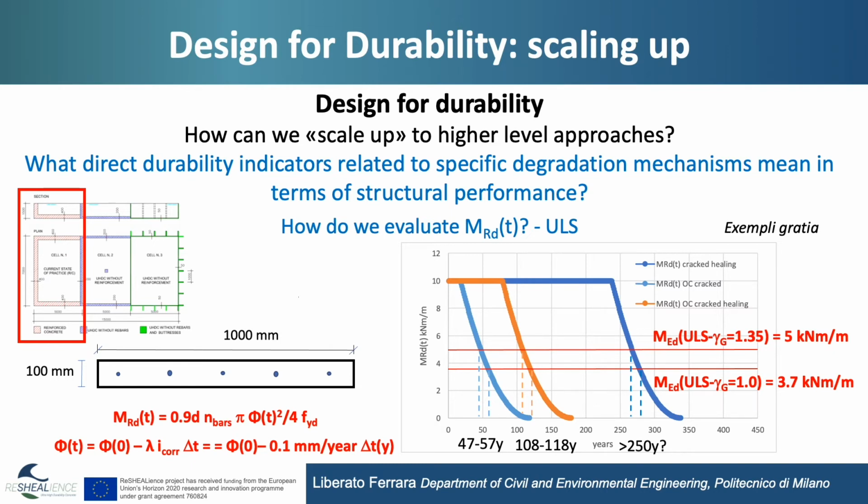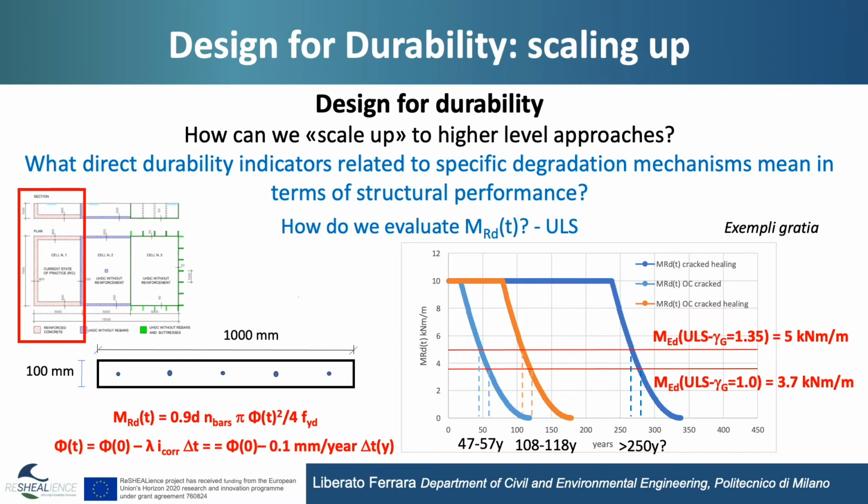So depending whether we are considering a gamma G factor of 1.35 or 1, we have an expected service life around 47 to 57 years with these values of the parameters for ordinary concrete, in the range of a little bit more than 100 years if we consider healing, or much longer if we are with ordinary concrete but in uncracked situation.